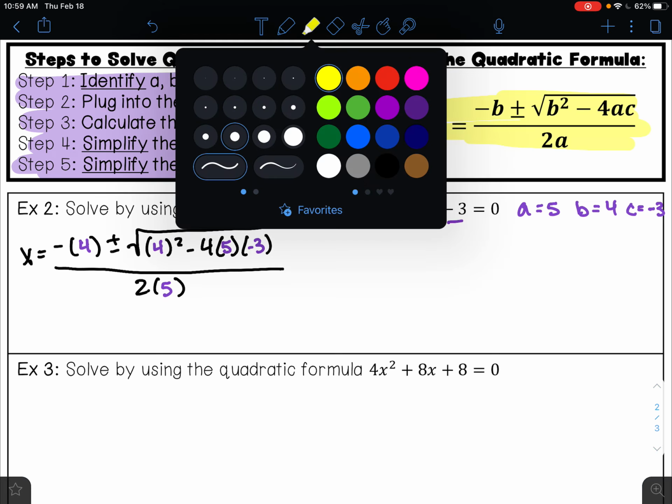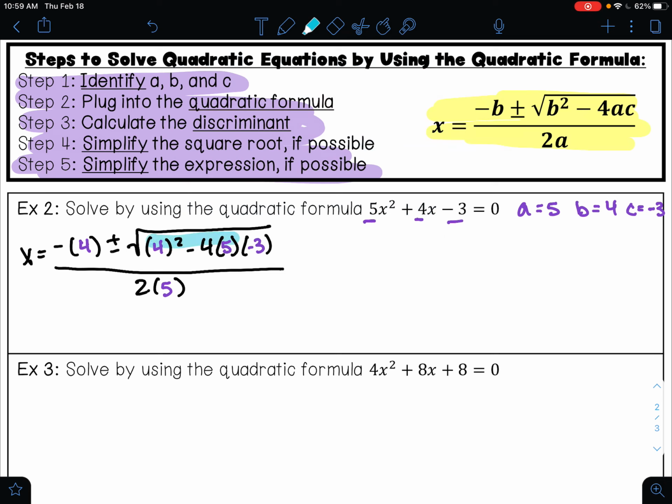Step 3 is to calculate the discriminant. So I want to calculate this number inside of the square root symbol. So I'm going to have negative 4 plus or minus the square root of whatever I get for my discriminant. And then 2 times 5 is 10. So let's go ahead and calculate that discriminant.